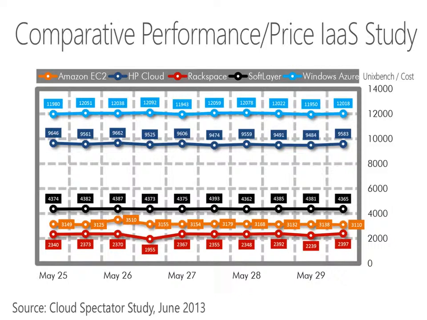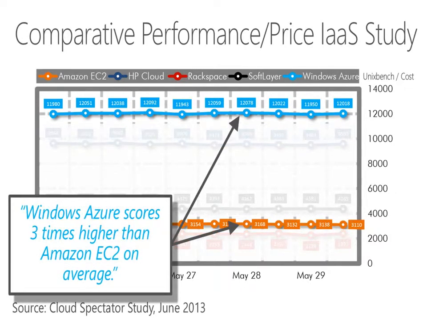The results that are available at Cloud Spectator's site in their full report were quite interesting. I've got a few of the results summarized. What they found in terms of Windows Azure is that it scored 3 times higher than Amazon EC2 did on average from a performance standpoint.